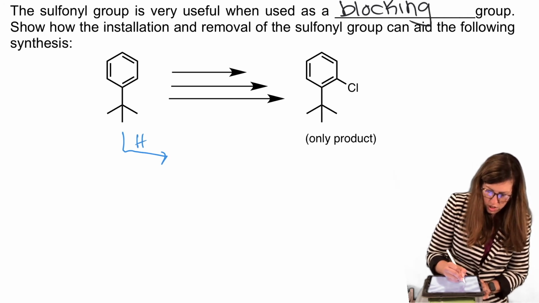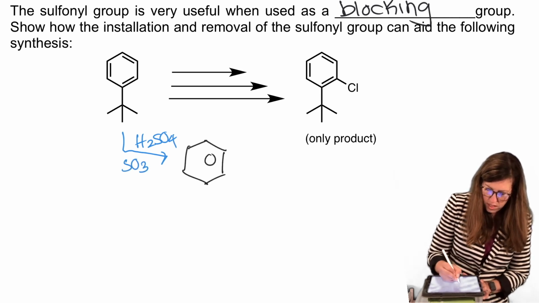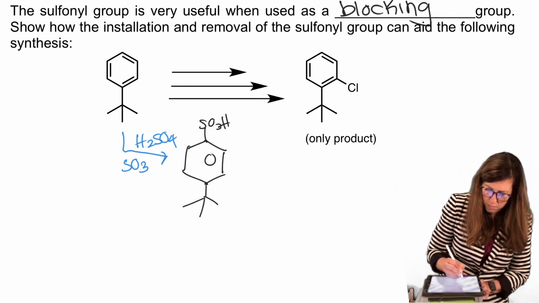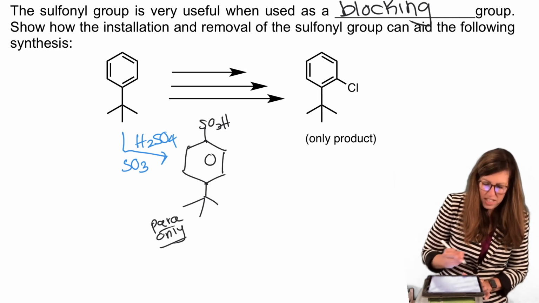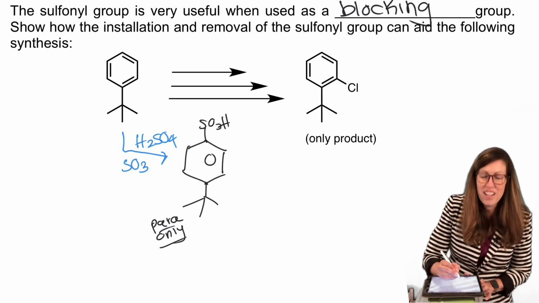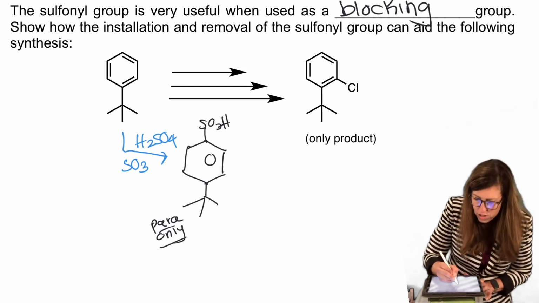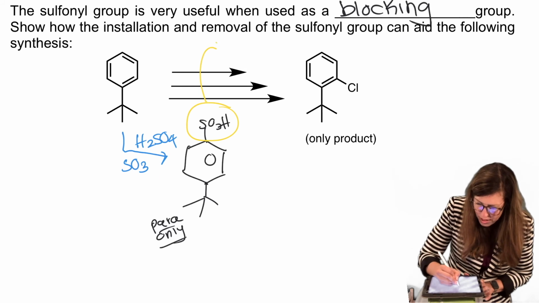So H2SO4, SO3. That will give us para only. But it's temporary. We're using it as a blocking group. So I might circle that and point that out.